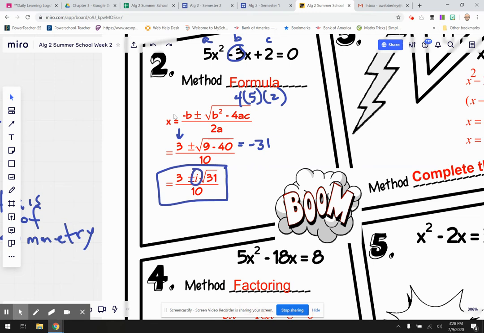So that was 2. The third one, they used the completing the square method, and the b was even, so that really helped. So if you took negative 12 and divided it by 2, you got your negative 6, which is what went into your parentheses for your completing the square.